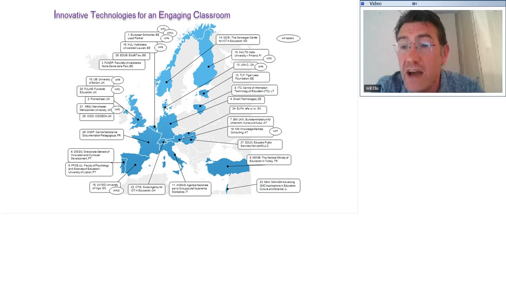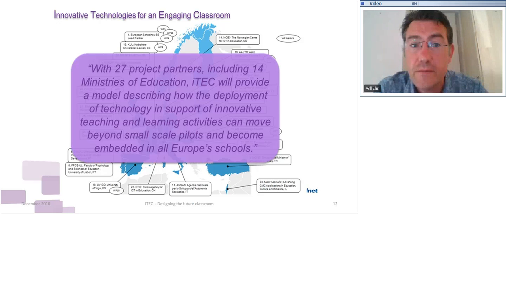We started off actually with 14 ministries, but then several others joined on later on as associate partners, and several research organisations as well. Many universities from across Europe carrying out this work. So 27 partners, 14 ministries of education, and what we're looking for is a model for the deployment of technology into schools that can bring genuine benefit and genuine change.